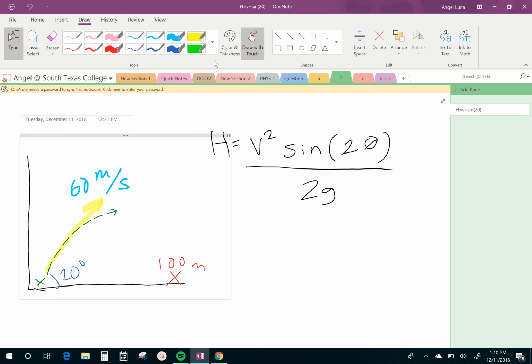Moving on to part B, we want to know what is the maximum height that the ball reached while it was airborne. So we're looking for this value, where h represents height. The given formula for height is v squared times sine 2 theta over 2g, where g is gravity. And again, gravity we're going to be considering as 10 meters per second squared.